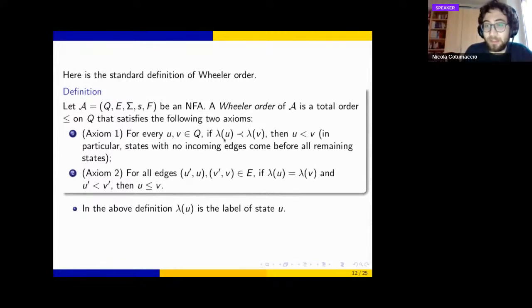That is, if I consider states reached by edges labeled A, they should come before states reached by edges labeled B, which should come before states reached by edges labeled C, and so on. And here, axiom 2 is simply the comparison property between two edges with the same label.